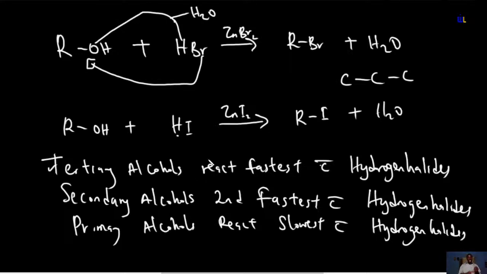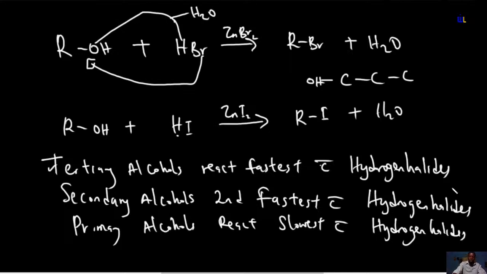It's not the same principle that applies. But for halides and alcohols, once the OH or functional group is attached to a primary carbon, it becomes a primary alkanol. Attached to a secondary, it becomes a secondary alkanol. Attached to a tertiary, it becomes a tertiary. So to differentiate between the three, you simply consider the reaction with a hydrogen halide.